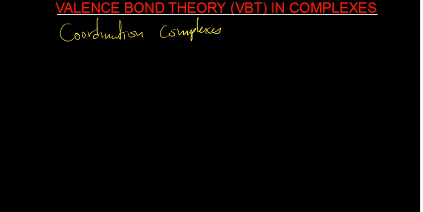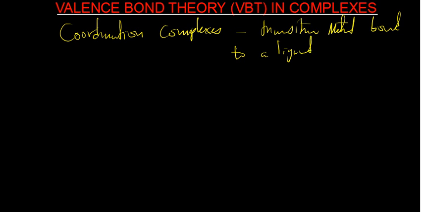A coordination complex is simply a transition metal bound to metal ions or molecules. We just say a ligand. Instead of saying ions or molecules, we simply say a ligand. So a transition metal bound to a ligand is what we call a coordination complex. For example, we can have a transition metal cobalt.